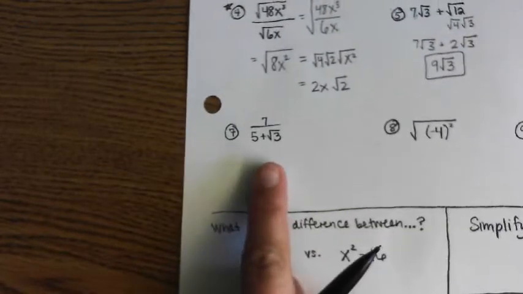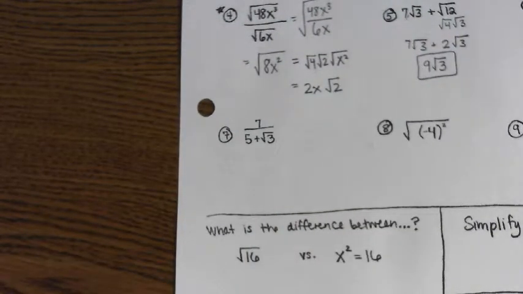Olivia, can you remind me how to rationalize something like that? Yep, starts with a C. C-O-N-J, conjugate.